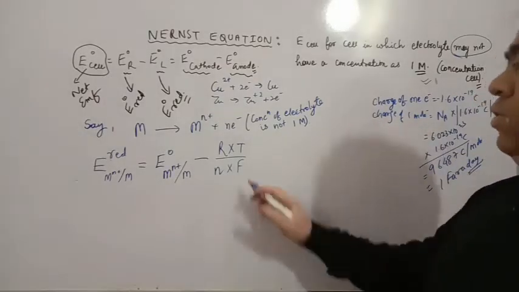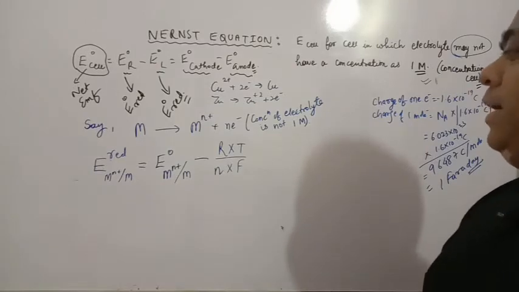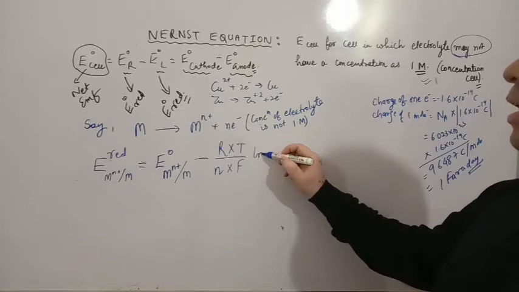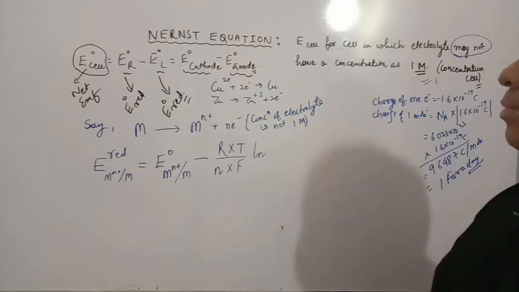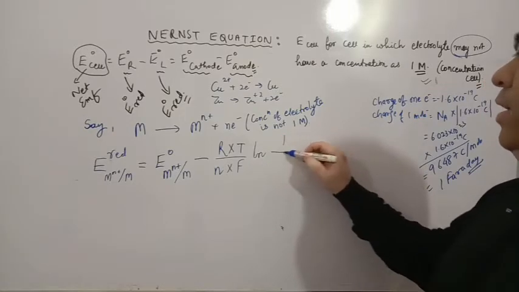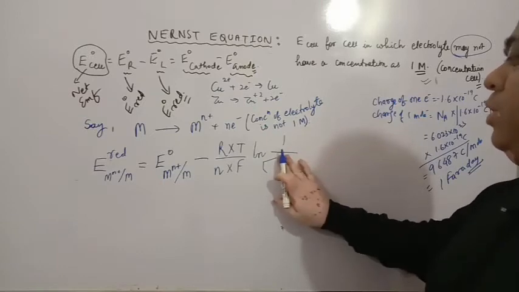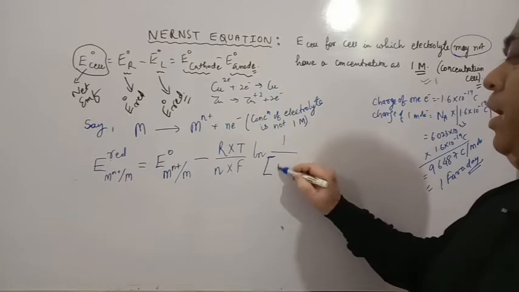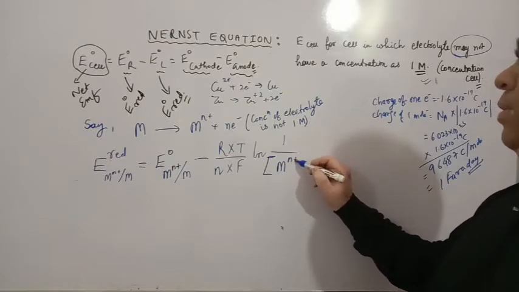So this is the charge of 1 mole of electrons, and natural log ln of 1 divided by concentration, whatsoever the initial concentration of electrolyte M n plus may be.